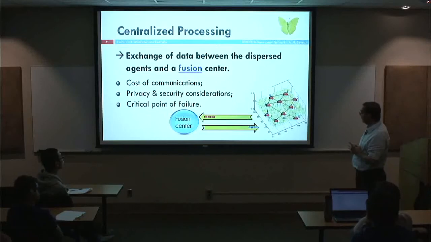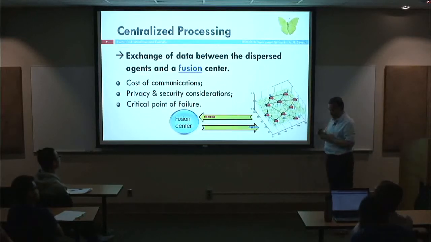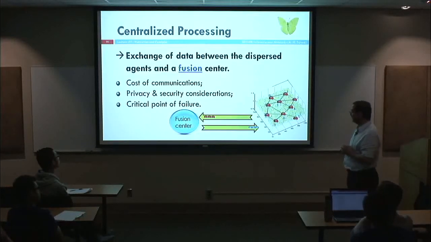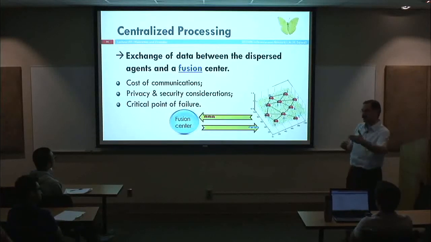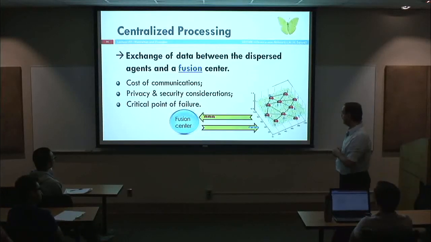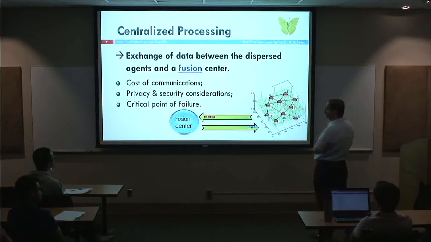Okay. Now, from the perspective of distributed processing, some of the problems that you face in a centralized solution like this is, first, the cost of communications. At every iteration, you have to send data to the fusion center and collect the data back from the fusion center, right? So there is a cost associated with that. There are also privacy and security considerations.